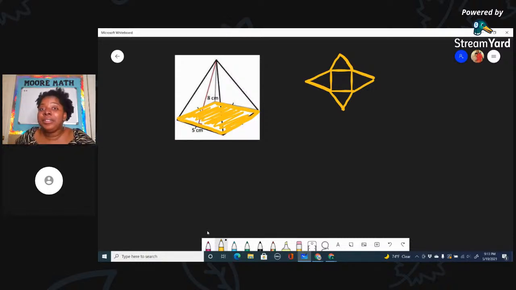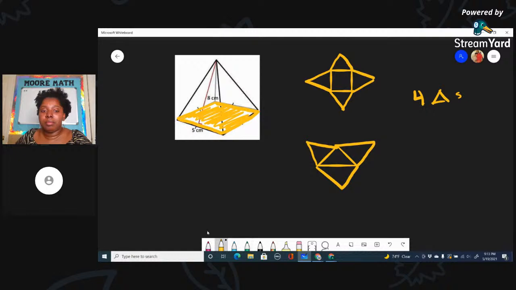So once again, you're finding the area of every side. You're finding the area of the 4 triangles and then whatever shape is in the center. Sometimes that shape is a triangle in the center. And if there was a triangle in the center, how many triangles would surround this triangle? 4.